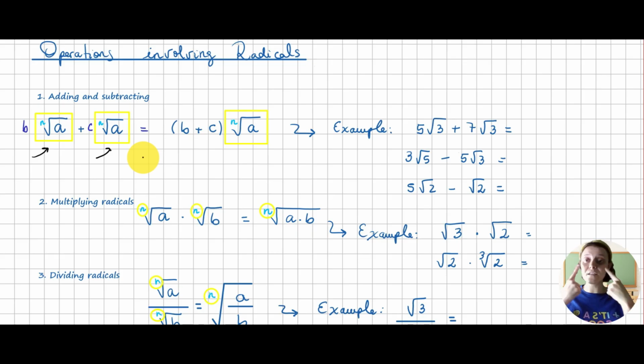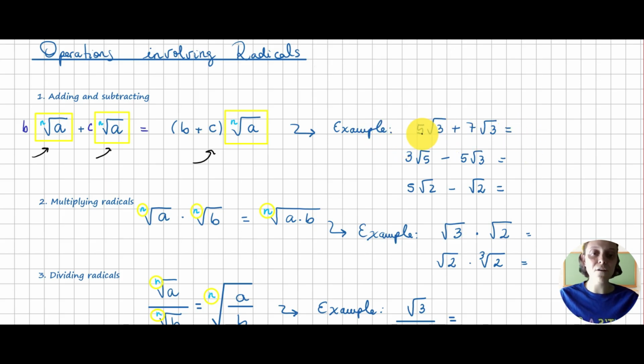So the first thing that we have to observe when we add or subtract is that the radicals are exactly the same, both index and radicand, okay? So in this case, what we did is that we applied right here a common factor, okay? This is not completely necessary to do because when we operate with the radicals, we can do the addition or the subtraction directly, okay? So let's go for the examples.